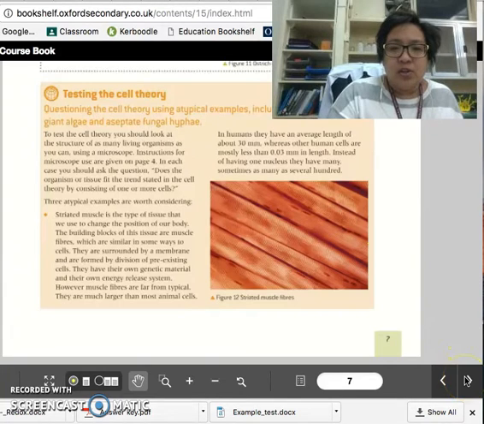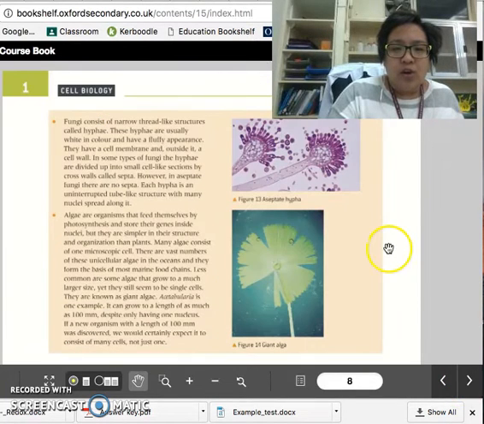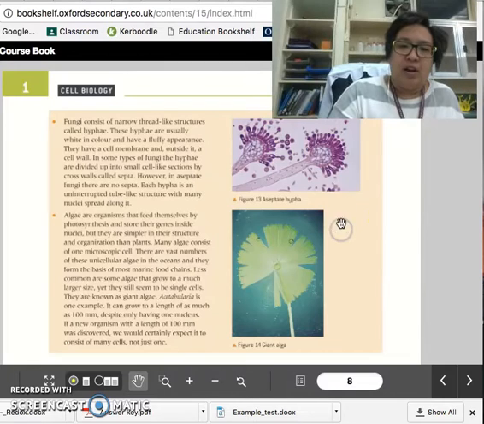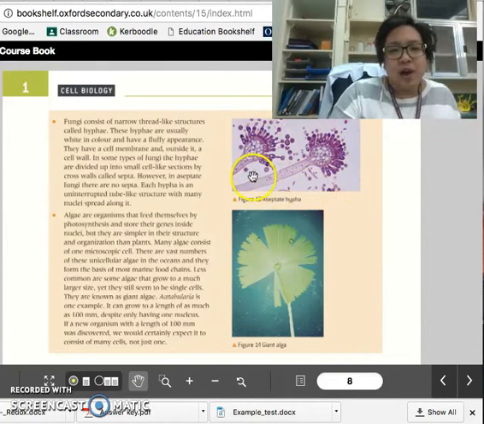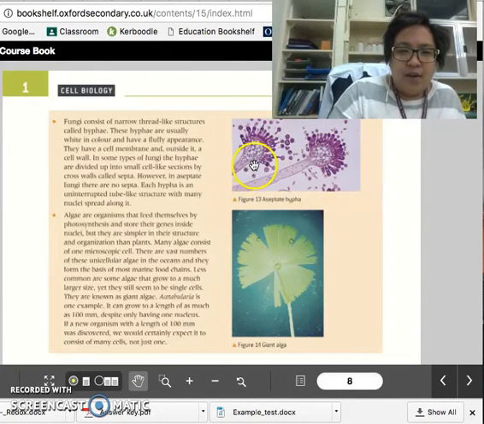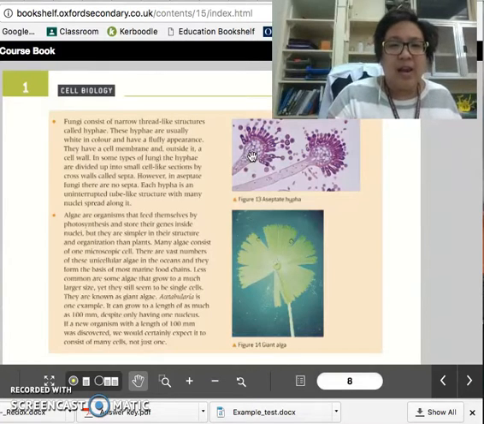Another challenge to the cell theory is your aseptate hypha right here. So if you look at the picture, some of your hypha or your hyphae are usually divided into cell-like components. If you look at this picture, it has smaller circular subcomponents, but these are not actually cells. These are like cell-like structures or cell-like sections.